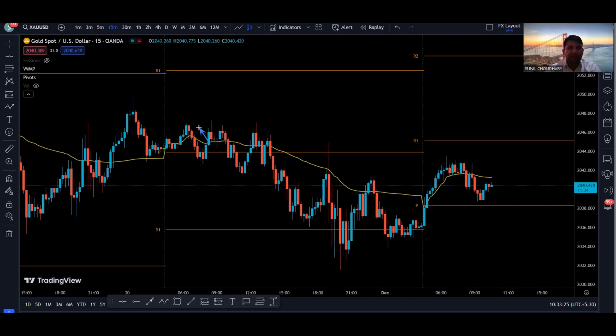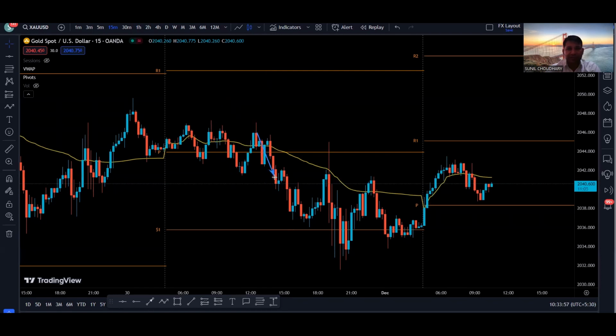I mentioned that if we have these resistances on the left hand side, and we create a high, basically break all these resistances, then I'll be waiting for a pullback to take a long in order to target this pivot line, which is a resistance on the left hand side. For the shorts, I mentioned that I'll be waiting for the price to come down, basically a healthy breakout of this pivot to the downside. Then again I'll be waiting for a pullback to go to the downside. These were the two scenarios I mentioned yesterday.